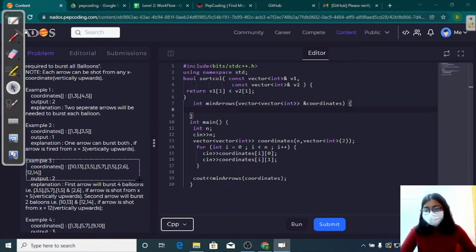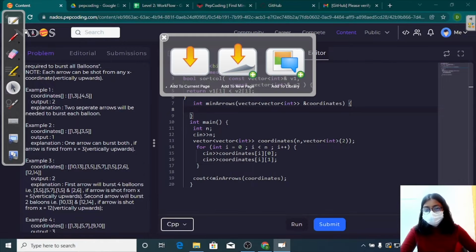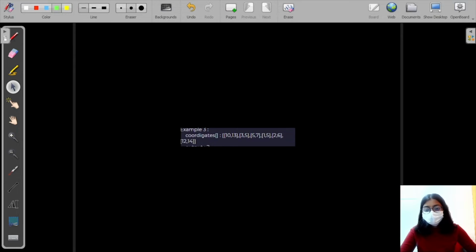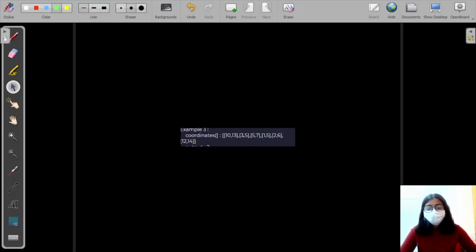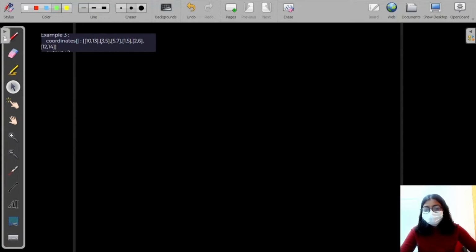These are my balloons and these are the coordinates for my balloons.